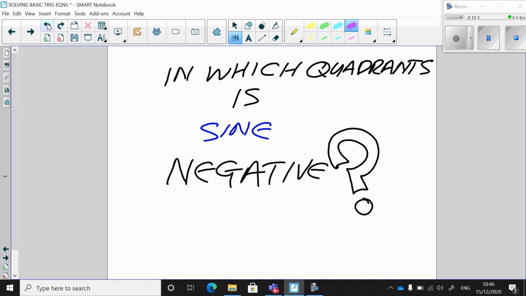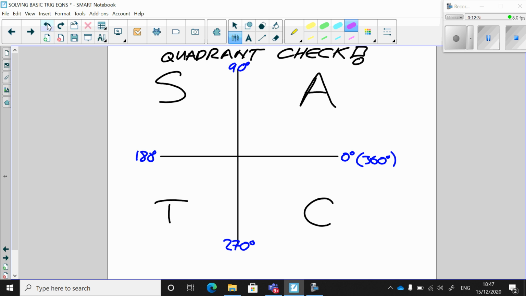Now this is where we're dealing with things that are negative. In which quadrants is sine negative? Well, you know that sine is positive in all and in sine, here and here.